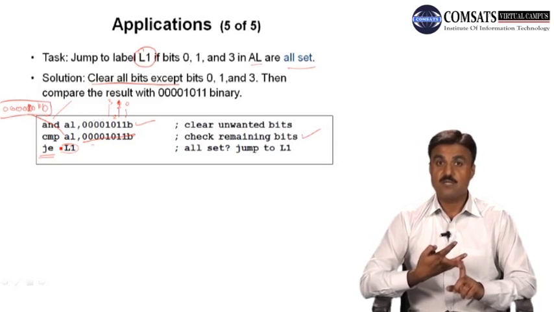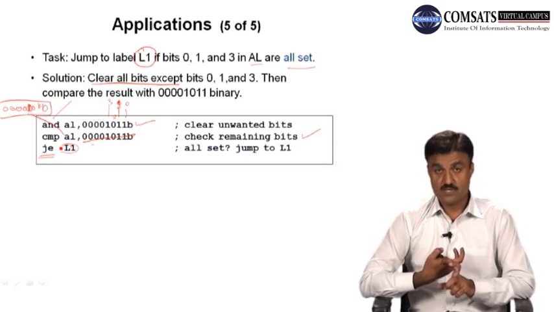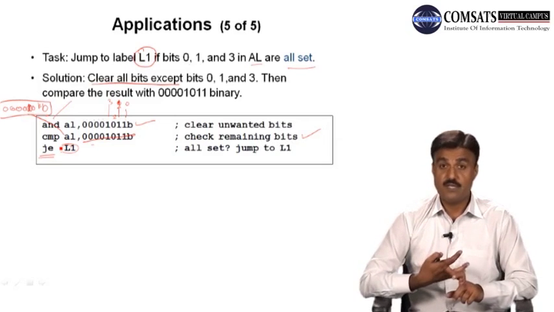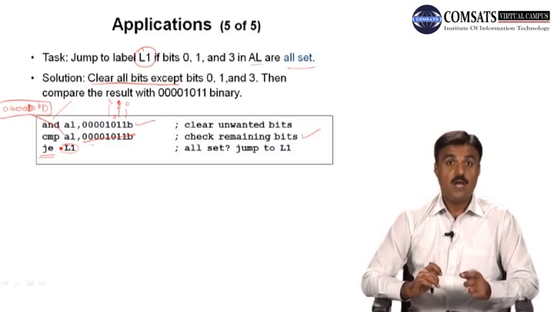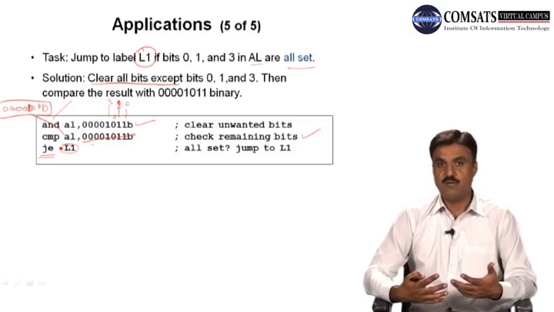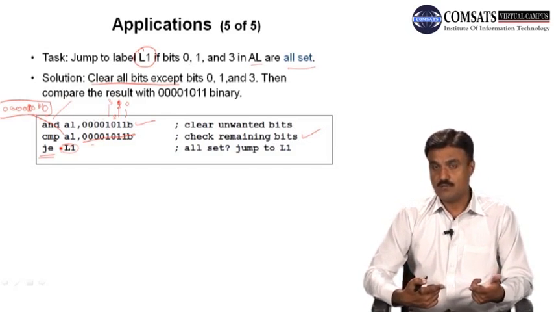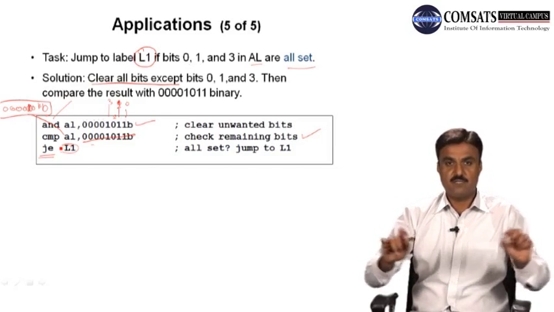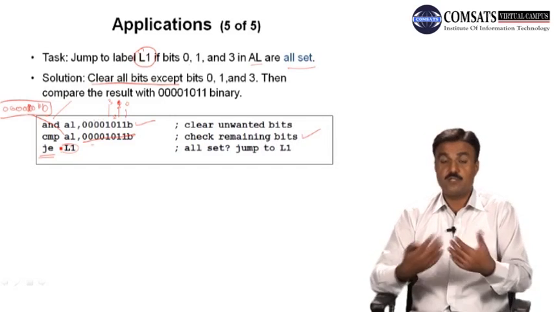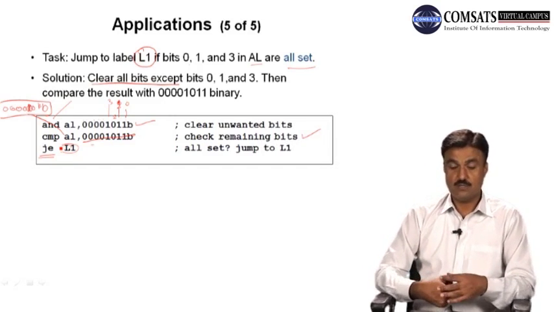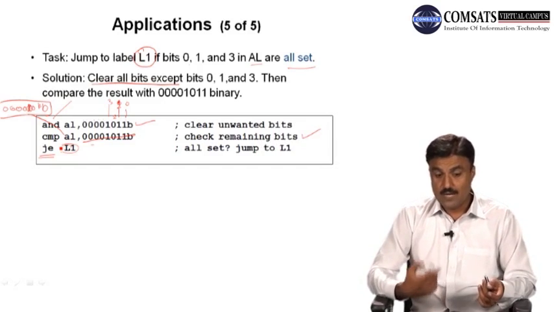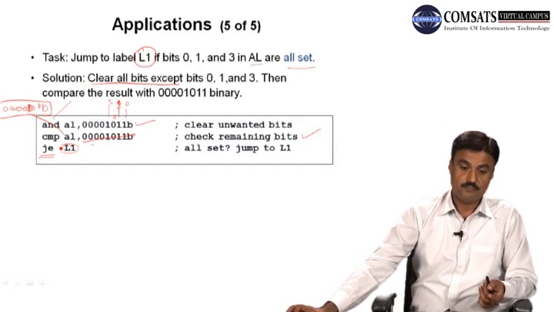If we want to set a specific pin, we use these bits. We want to set them or reset them. And even if we want to analyze those bits, this is the logic where you can use them. For example, if I want to monitor the output of specific pins, or the interrupts, we can use these types of instructions.